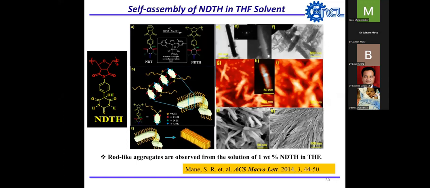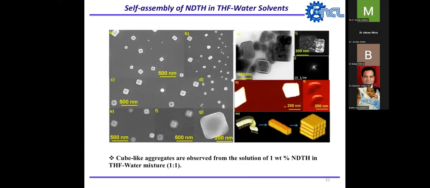In THF, we observed that it forms rod-like structures, which is supported by TEM, AFM and SEM images, where you can see how it forms rod-like structures, because the molecules arrange each other through hydrogen bonding induced self assembly, and these are highly compressed to each other to give hierarchical structures.